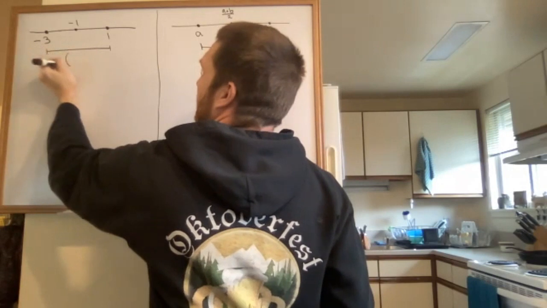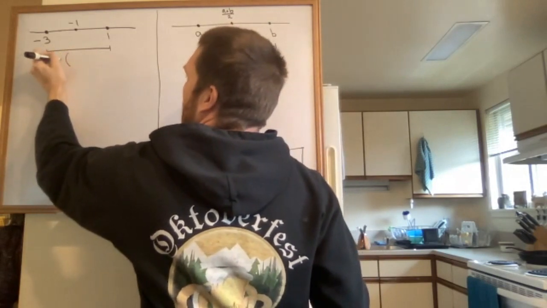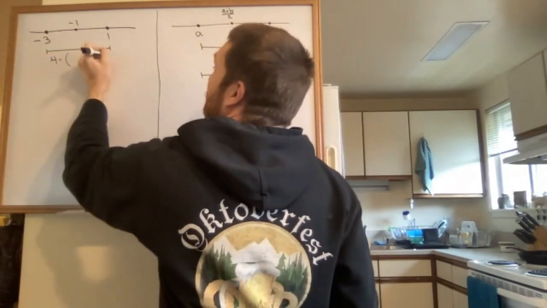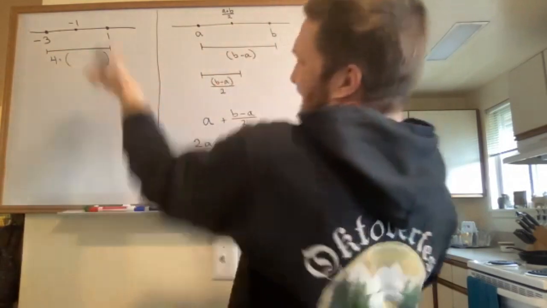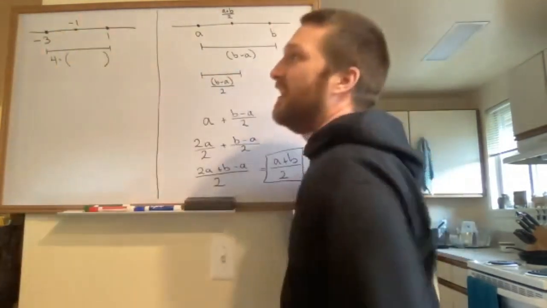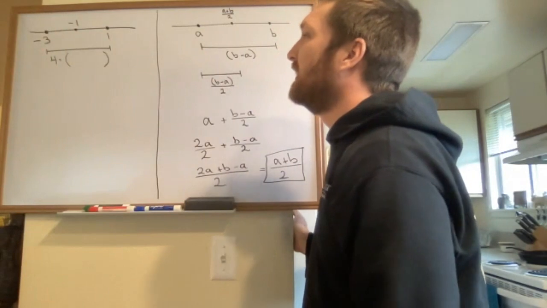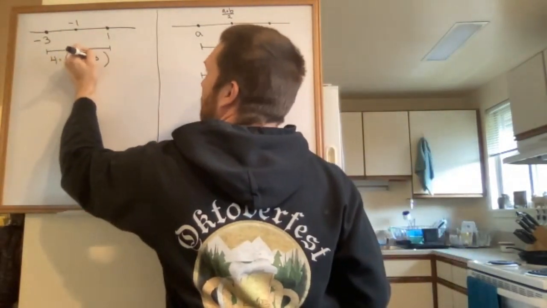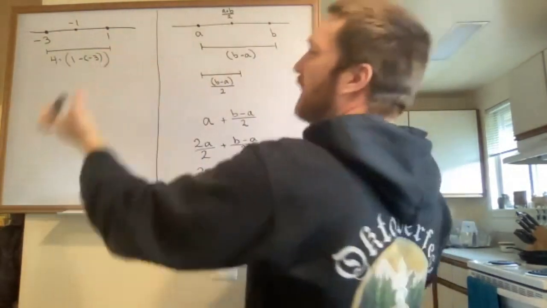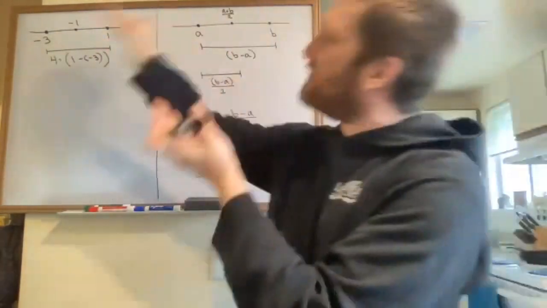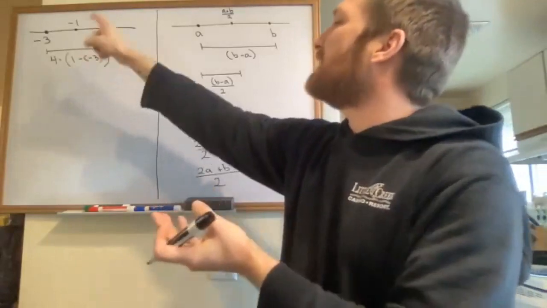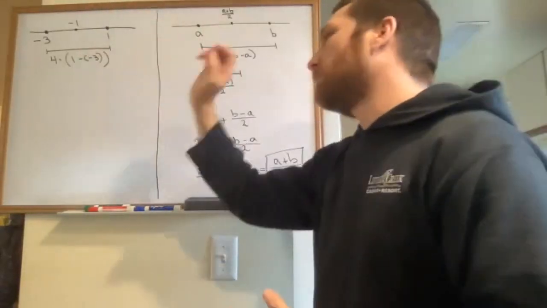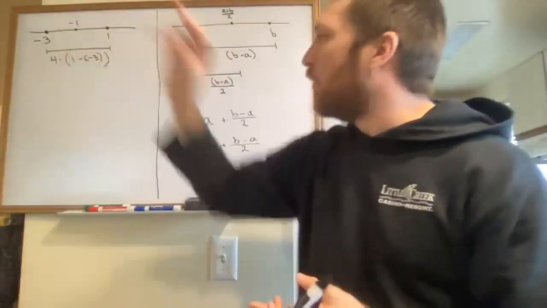Yes, and how could you find it if you just looked at it and said that's 4? 1 minus -3 is just 1 plus 3. There you go. The bigger one minus the smaller one. 1 minus -3 is the same thing as 1 plus 3, which gives you 4, okay?